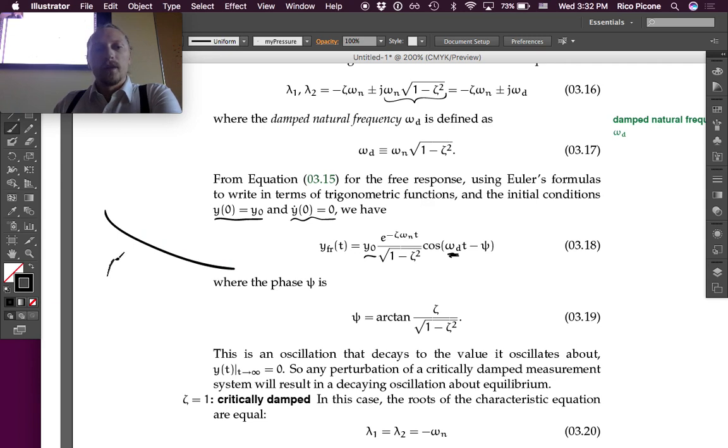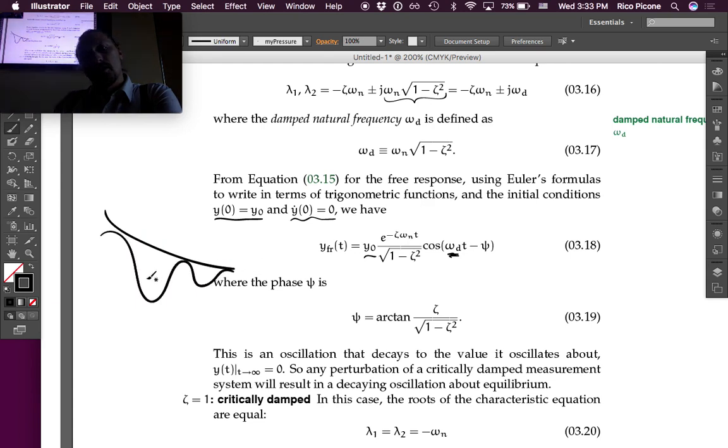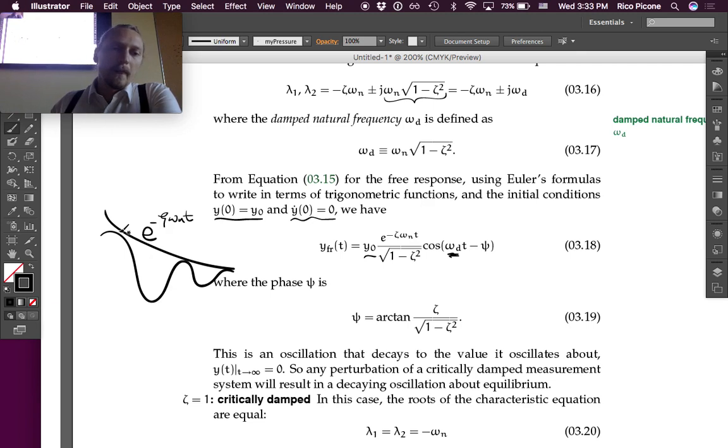an envelope to it. So this is the e to the minus zeta omega n t, and the cosine would be like this, and so it's getting multiplied, getting the sort of envelope.